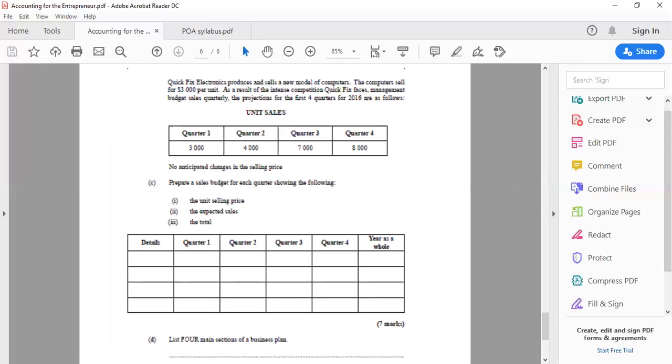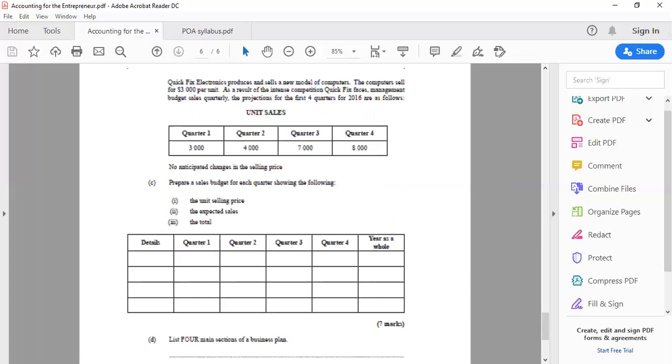As a result of the intense competition Quick Fix faces, management budgets sales quarterly. The projections for the first 4 quarters in 2016 are as follows. So the expected unit sales for the quarter are given to you. The unit selling price is given to you, it is 3,000.